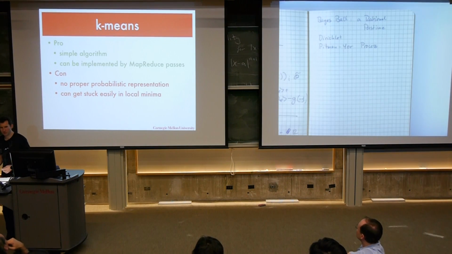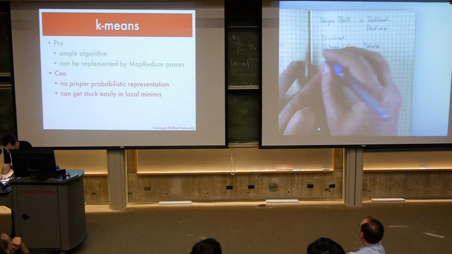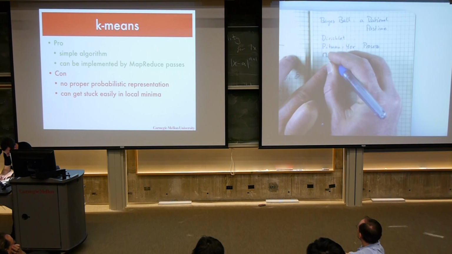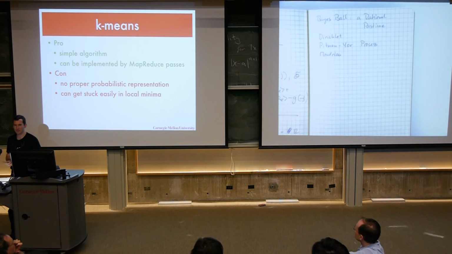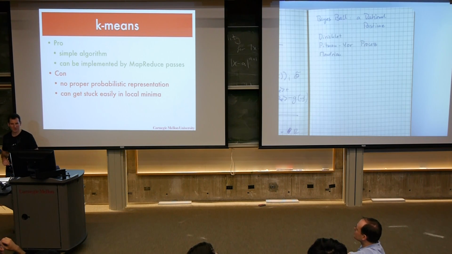People have gone crazy with processes. There is, for instance, the Mondrian process. Then there are things like rose tree processes. This is one of the more bizarre names. There's the Indian buffet process.